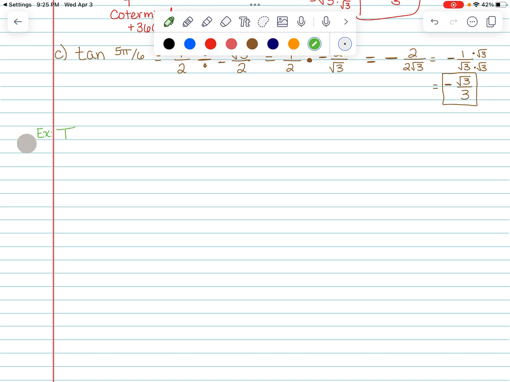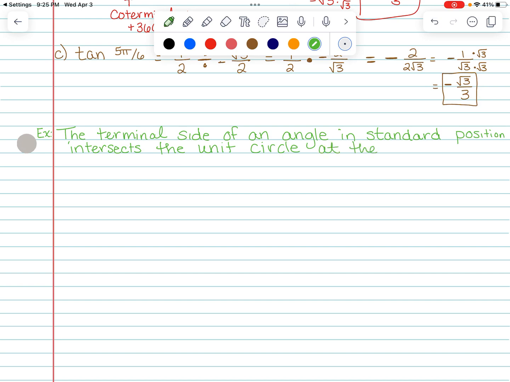Some questions are going to say something along the lines of: the terminal side of an angle in standard position intersects the unit circle at the following point. Find sine of theta and cosine of theta.